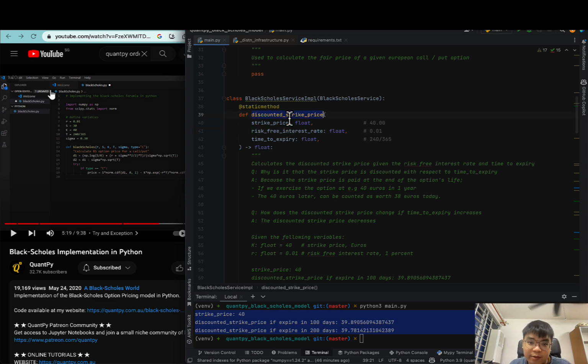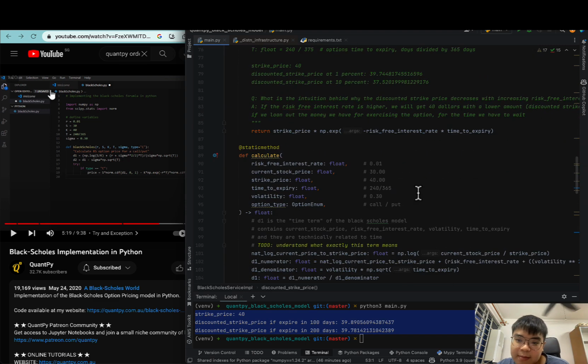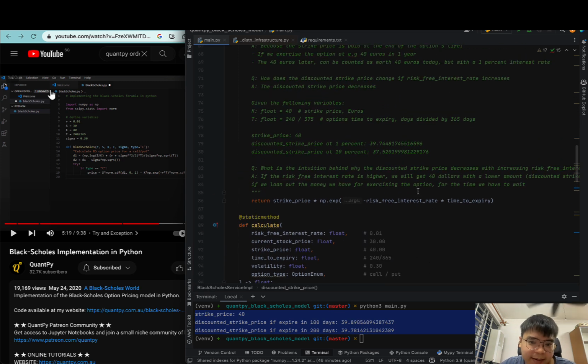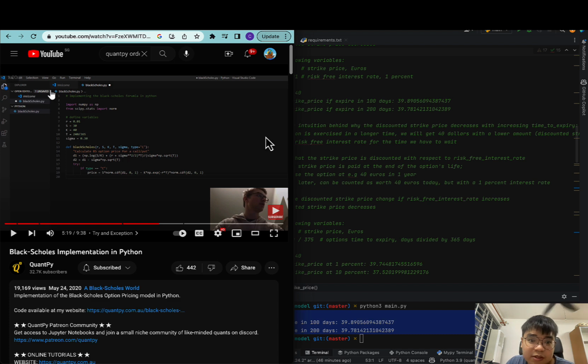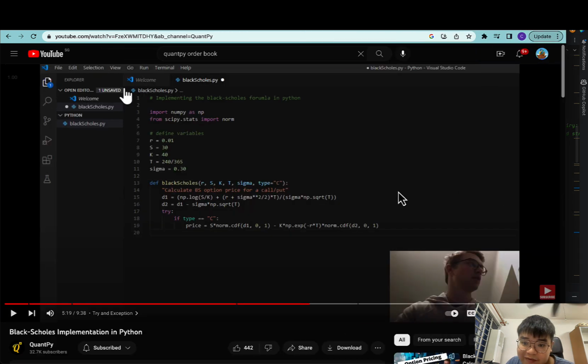And that is why if we discount the strike price, the current value of that $40 that you will pay for exercising that call option will be lower given a higher interest rate or a higher time to expiry. So that makes sense to me. I might be wrong, maybe I'm missing some details here, but it's okay, let's figure this out later. So let's continue with Jonathon's video.